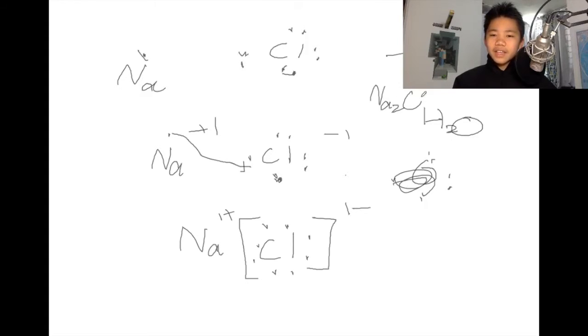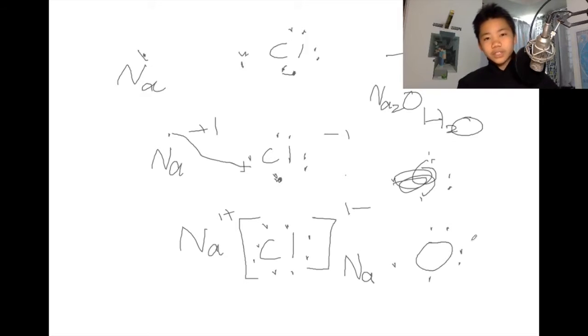Sodium oxide. Again, it's oxygen with its 6 valence electrons and 2 sodiums. In this case, both sodiums will want to lose 1 electron, and oxygen will want to gain 2 electrons. So both sodiums will donate 1 electron to the oxygen.